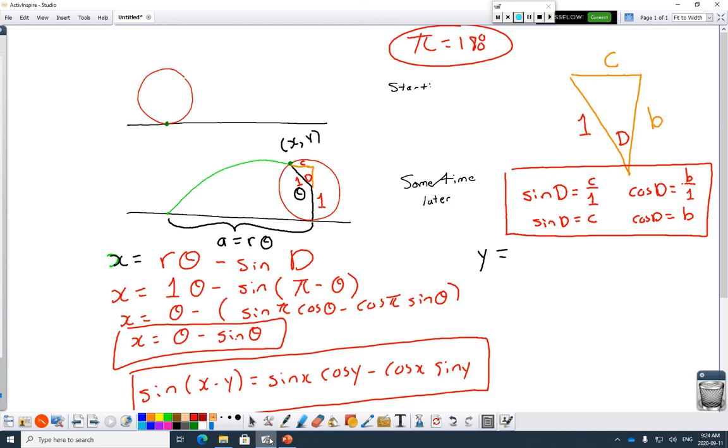Okay. On a scale of 1 to 10, give yourself a number on how well you followed that. A 5 being, well, I don't think I can do all that math, but the individual pieces I recognized. You give yourself a 5 if you're like, oh, everything he said seemed familiar to me. Whatever number you give yourself, let's do the y and see if it gets better. And if that happens, I got to tell you, it's a good university strategy. A prof teaches something, you're like, I didn't get that at all.